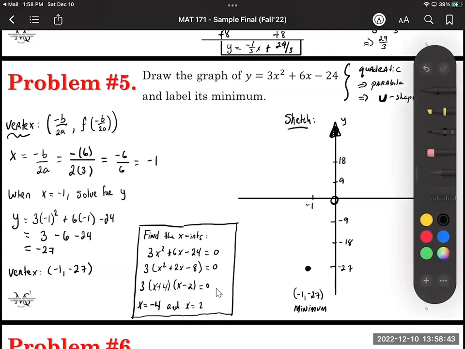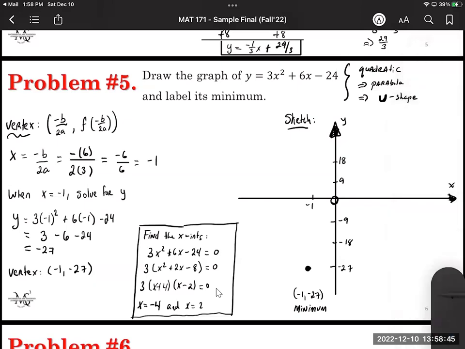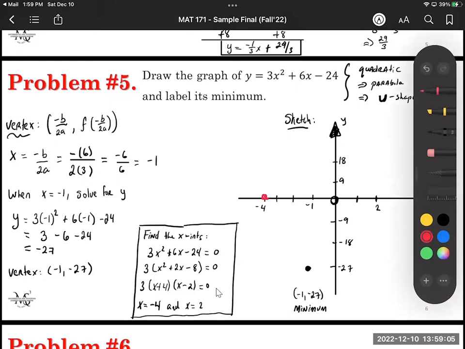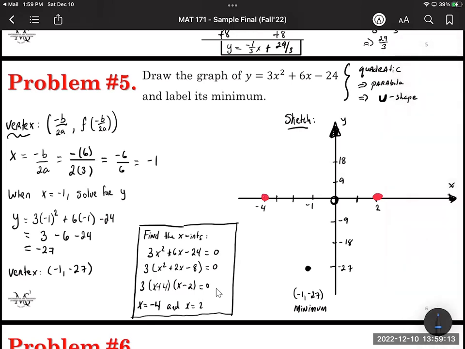So you can plot them. Let's say that on my graph, from negative 1, I went 3 units to the left. Here's negative 2, negative 3, negative 4. And from negative 1, I went 3 units to the right: 0, 1, 2. I could plot my zeros in red. And now I just got to sketch the parabola.